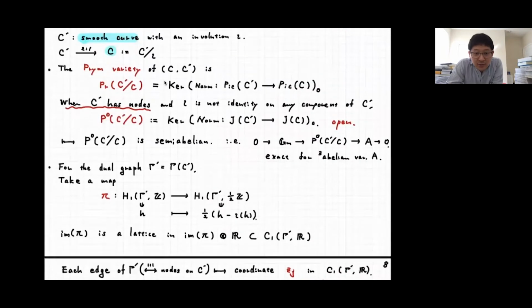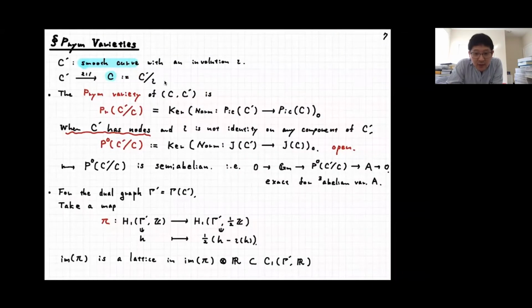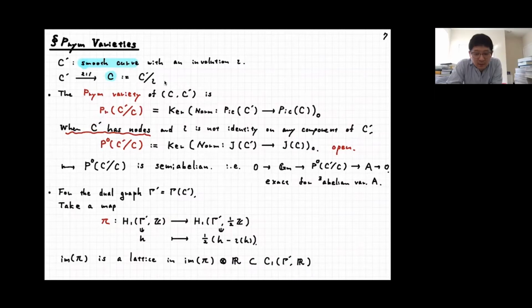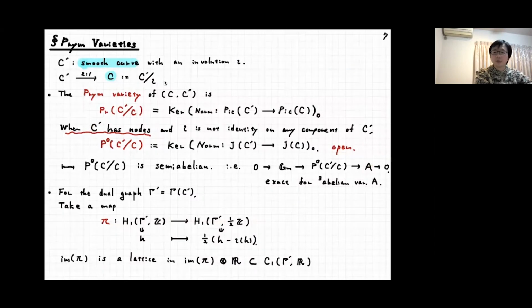Excuse me, but why do you change this Picard to Jacobian? So this Jacobian means one cycle on C prime? Yes, because in this case, C prime has nodes. Honestly, I'm not sure what is happening when we change J to Picard, but it would not be appropriate because this one is a semi-abelian variety, and it is very good to consider the extension of the abelian variety.